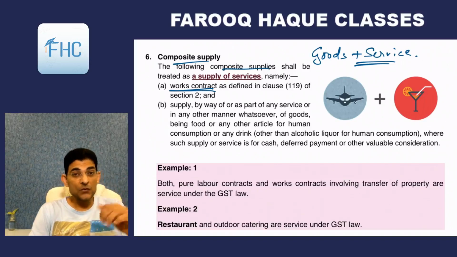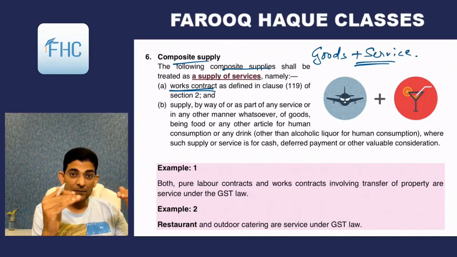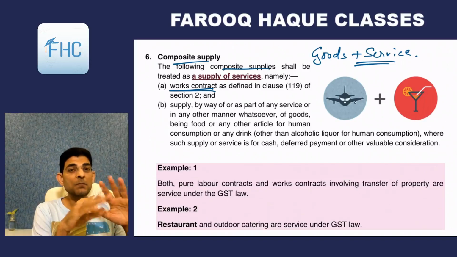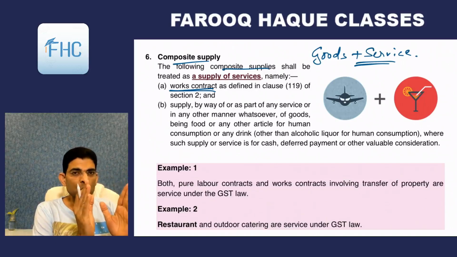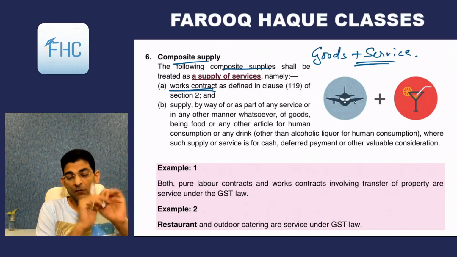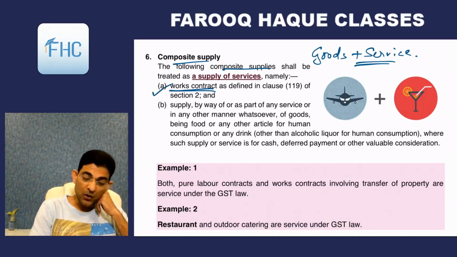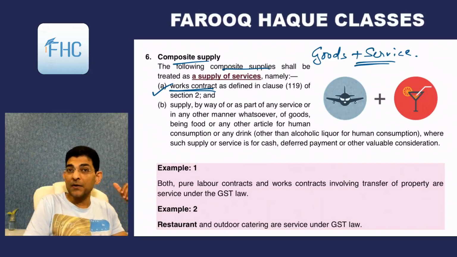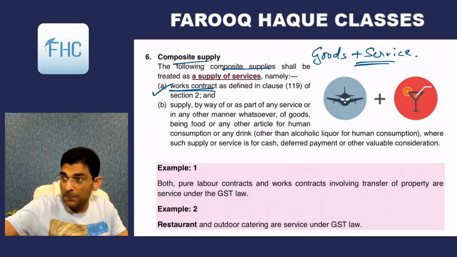In old times the work contract value had to be divided, but now in the GST regime they have said don't divide it. Whatever the total value, including the value of materials and service, it will be considered fully as service. So that is the first point, work contract. The carpenter has to charge GST as if he is supplying service on the full value.